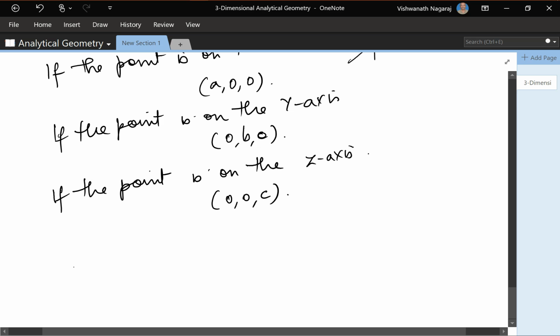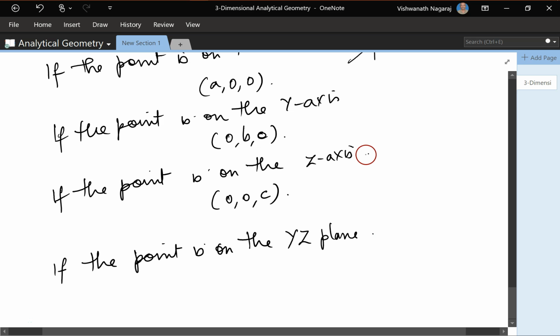Now that is one aspect. Another aspect is, if the point is on the YZ plane, here we are talking of the axis, here we are talking of the plane. So if it is on the YZ plane, that means x equal to 0. So which means the coordinates would be 0, b, c.